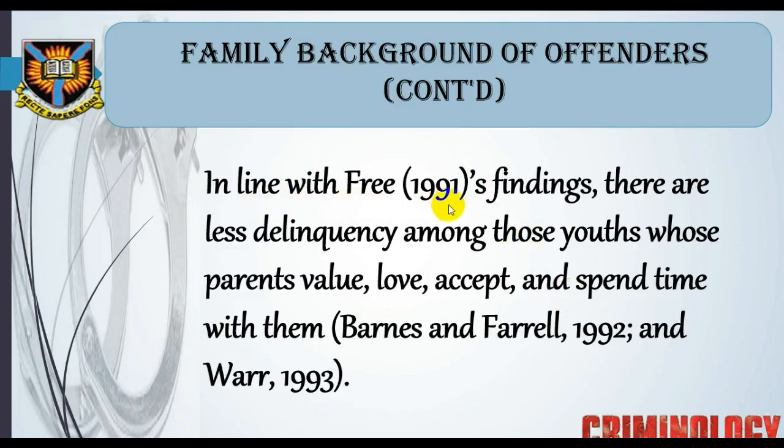In line with Free's 1991 findings, there is less delinquency among those youths whose parents value, love, accept, and spend time with them. Barnes and Farrell, 1992, and Warr, 1993.